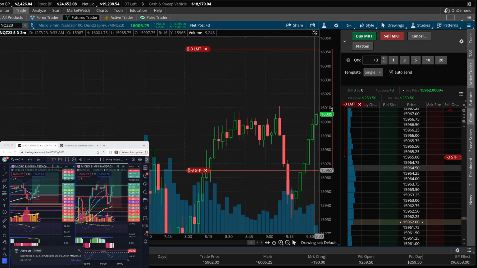So for example, for break even, I need it to be 12 ticks above my entry point.